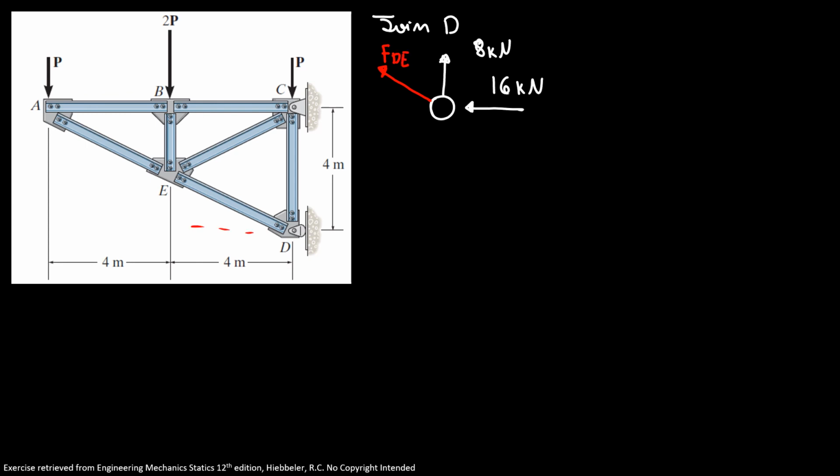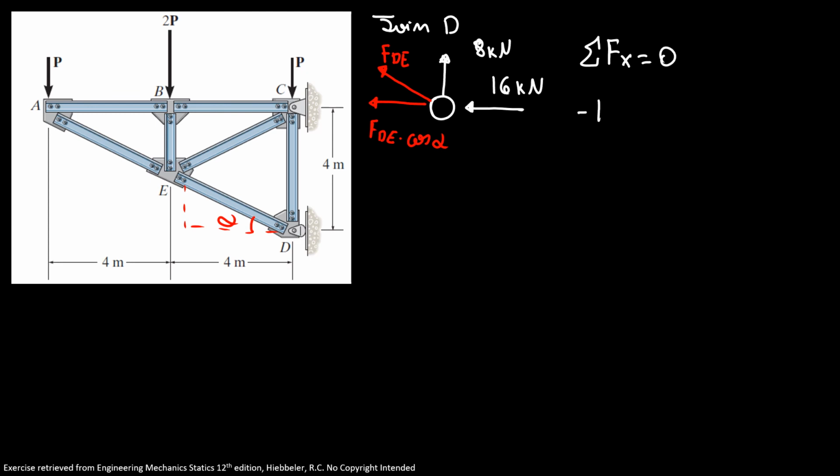So here we know our angle alpha is here. So here we have FDE times cosine of alpha. So here we can do the sum of forces in X is equal to 0.